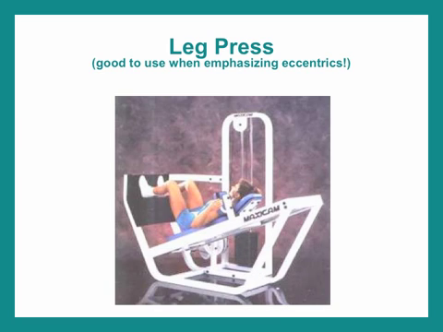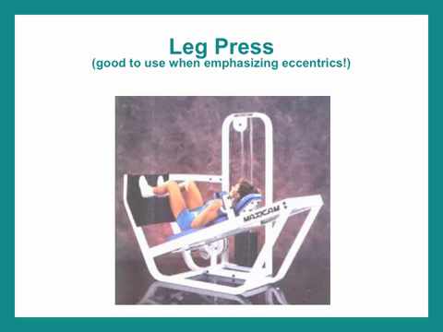Leg press. In rehab, when we're using the leg press, oftentimes we're actually using it to increase some weight bearing, but we're starting to move into some eccentric work. So if this person were in a rehabilitation program, it would be likely that she would be doing the concentrics with bilateral and then doing the eccentric with just a single leg.